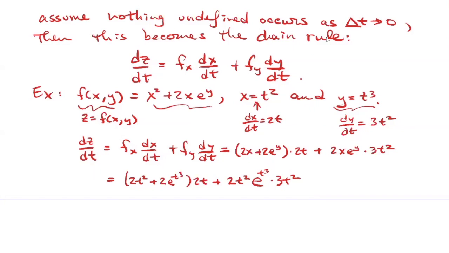Now you can multiply this out if you like. It's not going to be good. So probably won't carry this out much more other than just to multiply everything out.